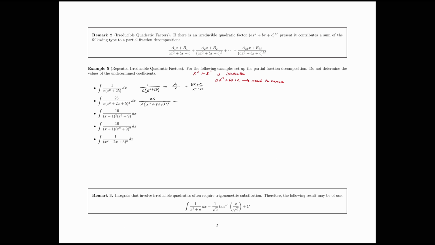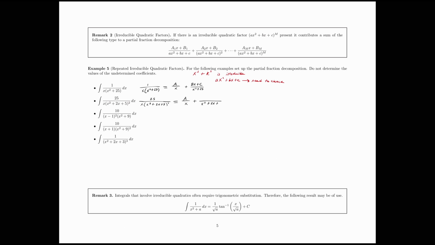So here, we still have a linear factor that contributes a term of the form a over x, plus now we've got a repeated irreducible quadratic. So we follow the same scheme as the repeated linear factors.